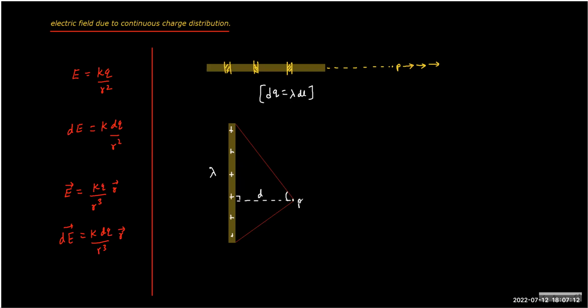So the perpendicular which I have drawn from P to the rod is like a reference line, and the two ends are on the two sides of this reference line. Let's call one angle alpha, another beta.